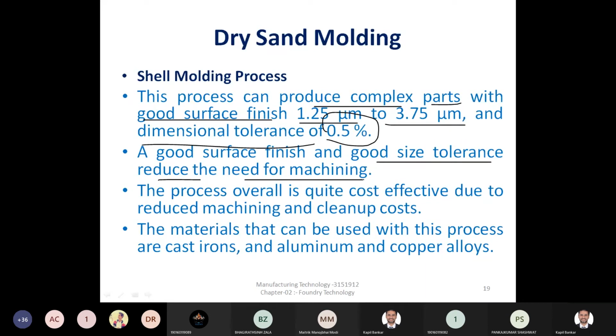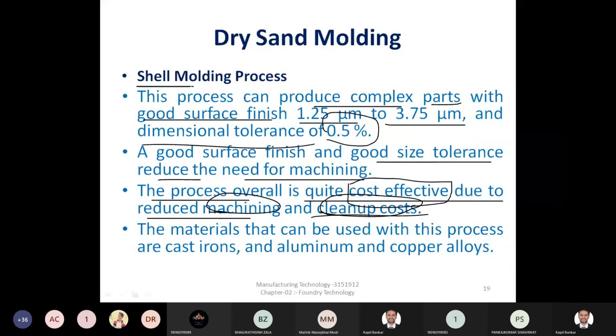The process overall is quite cost effective due to reduced machining and cleanup cost, because these two costs are eliminated. Which process? Shell molding process, that is a cost effective process.